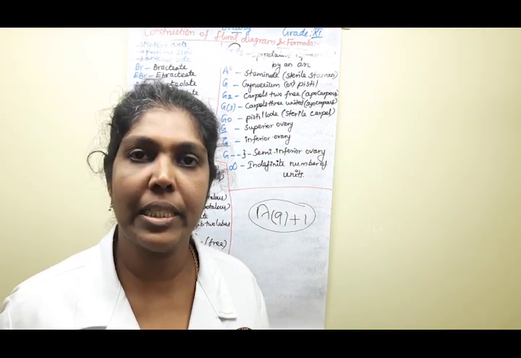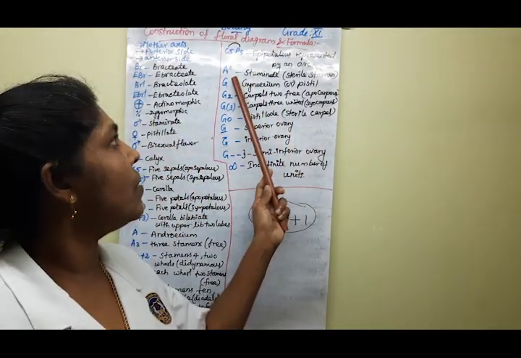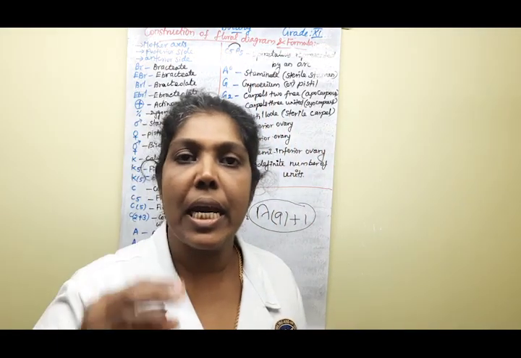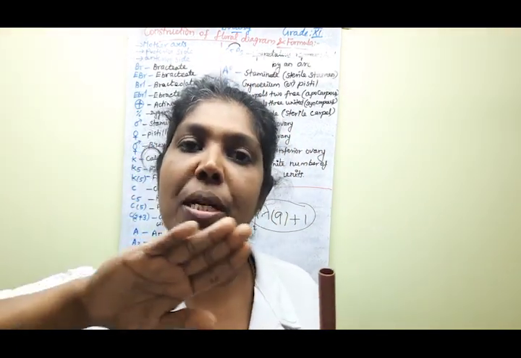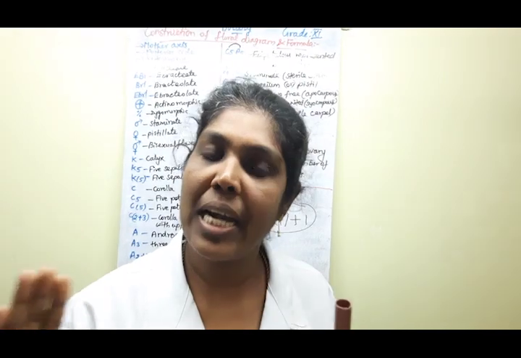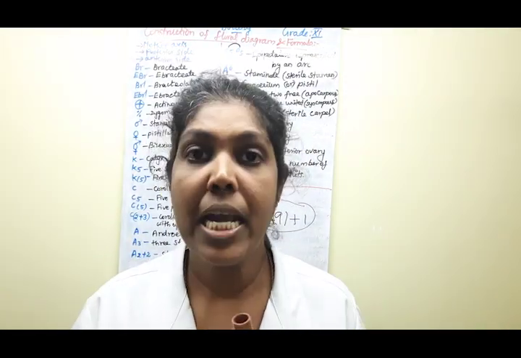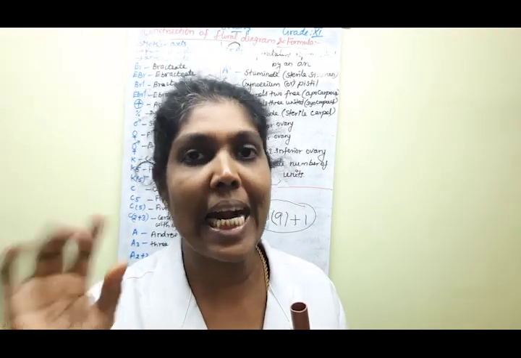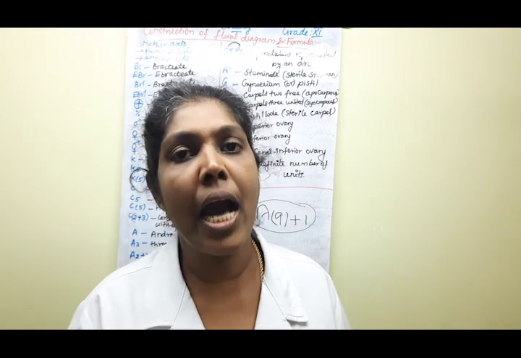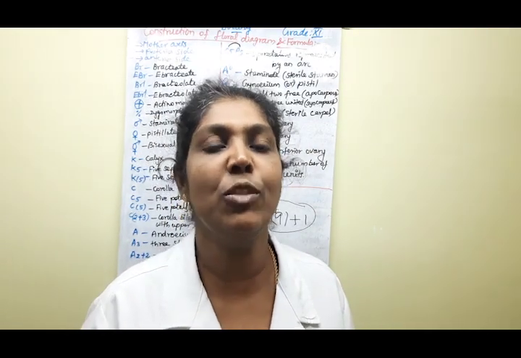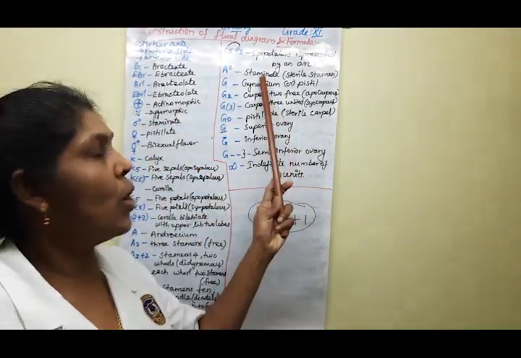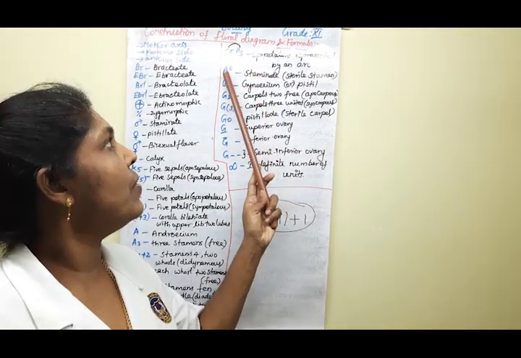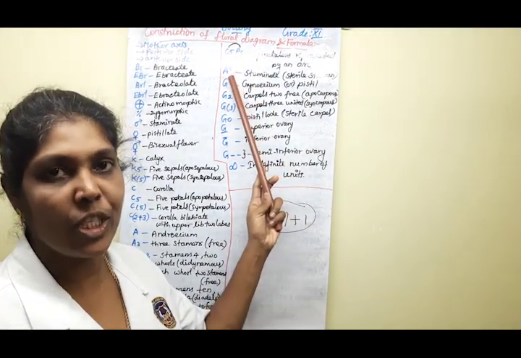Clear, children? Say yes or no? Yes. Next one, if the stamen is absent in the flower, the term we use is sterile stamen, or the taxonomical term is staminode. That is the floral representation A0.